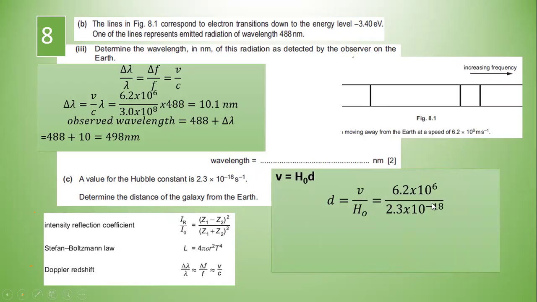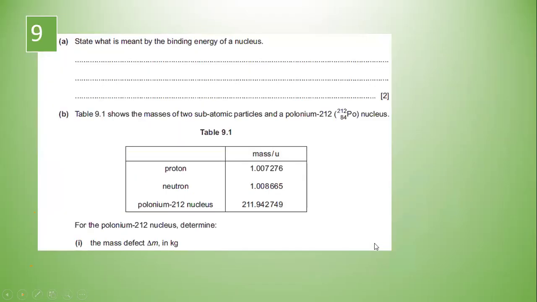H naught, go to data sheet and read it out. Oh, they are given to you, so you don't need to look at the data sheet. Well, I think it's not given in the data sheet, that's why they give you. Okay, so we found 2.7 times 10 to the power 24 meter. Stop me if I'm going too fast.